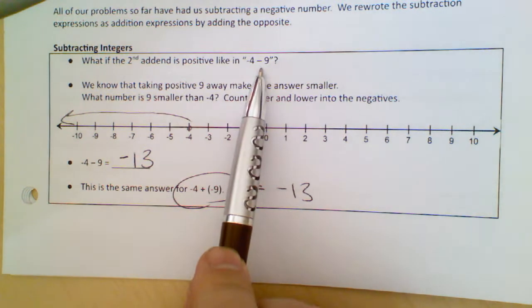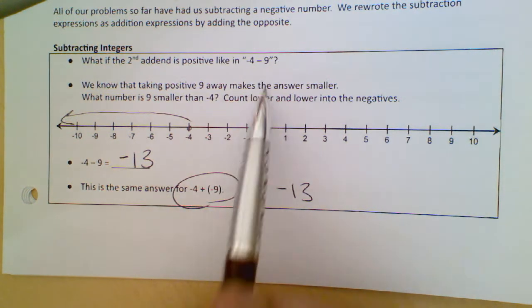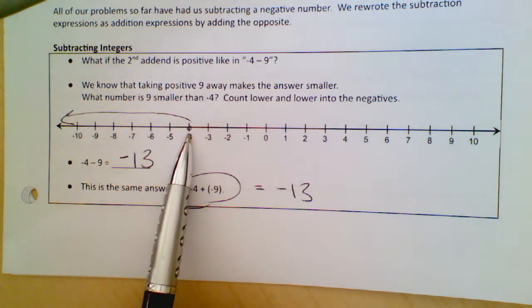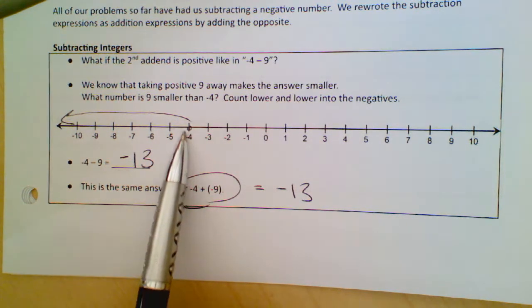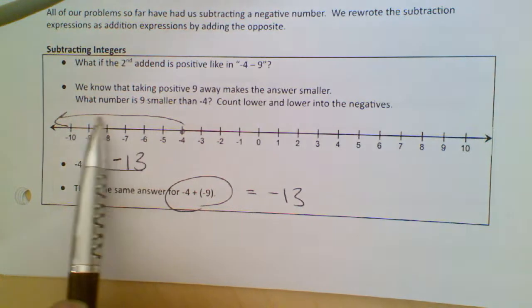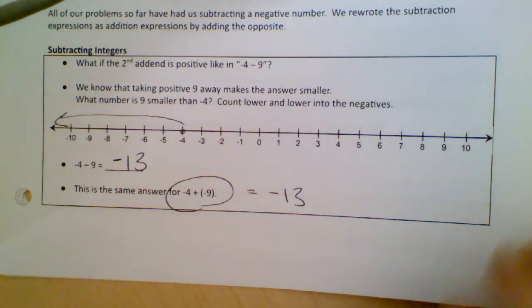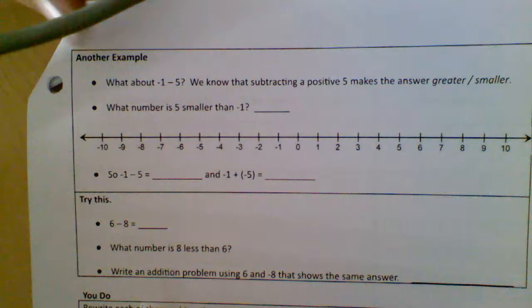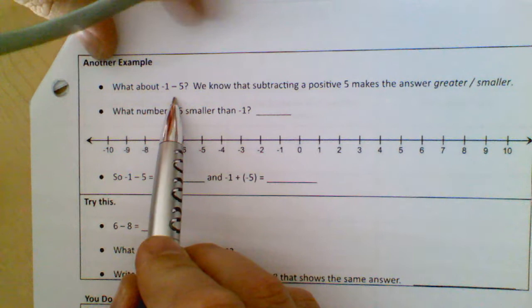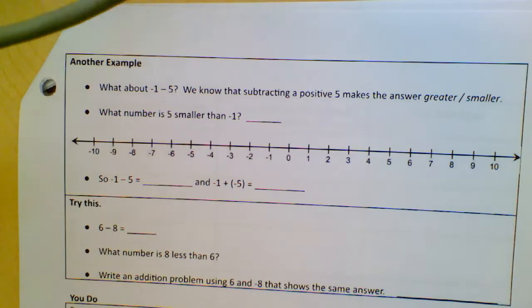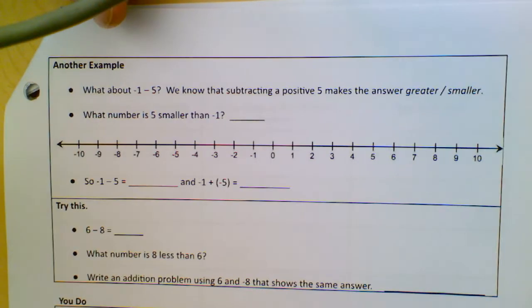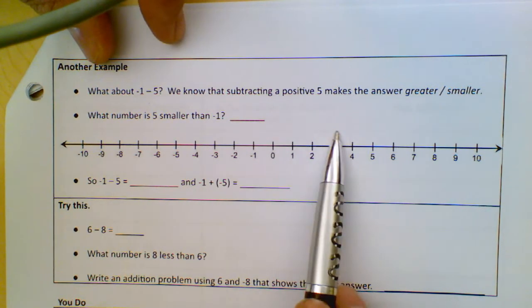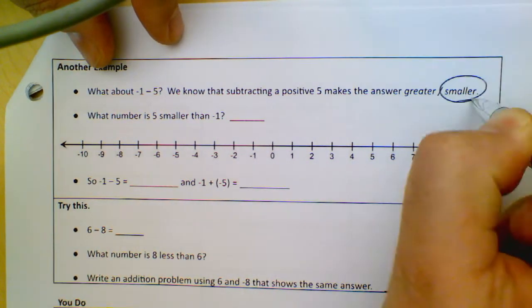So we know that subtracting a positive 9 makes it 9 smaller. And so we have -4, we go 9 smaller than that, all the way down to -13. So what about -1 minus 5? We know that subtracting a positive 5 makes the answer smaller.